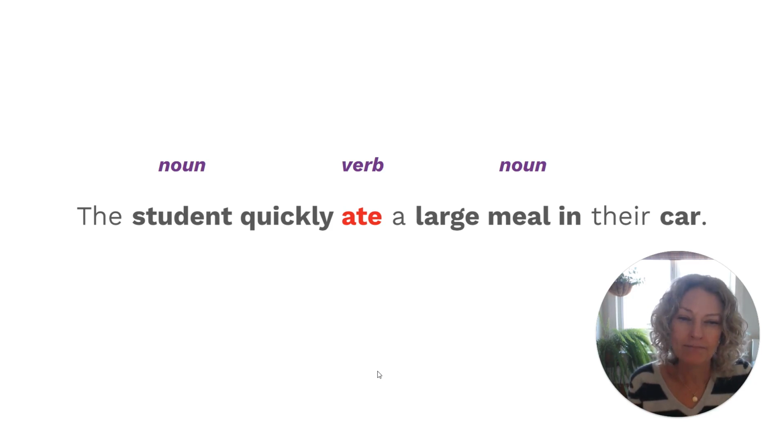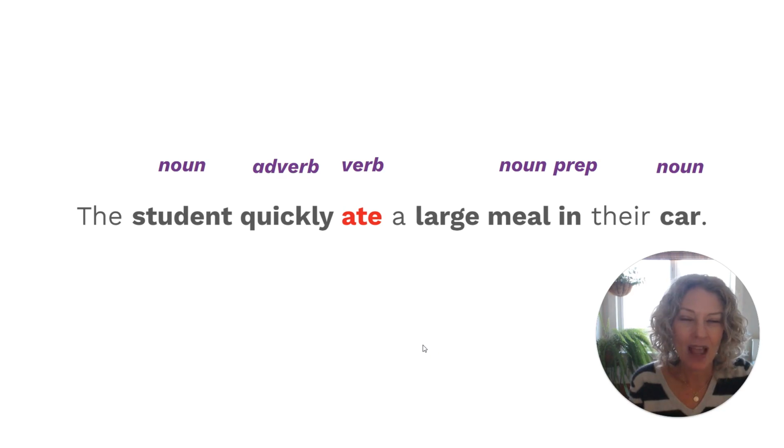And then what would we want to know next? We probably want to know where they ate the meal. Well, they ate it in. So that's our preposition showing the location. In, inside. And inside what? Because after a preposition, we always have a noun. And so in their car. So nouns are people, places, or things. A car is a thing. We know that's a noun.